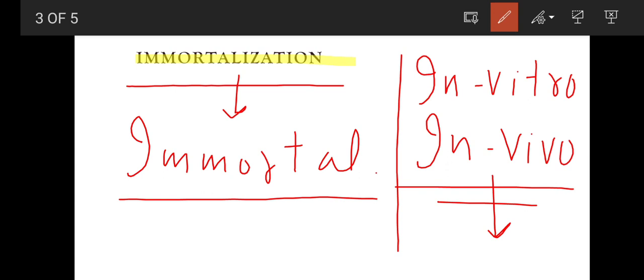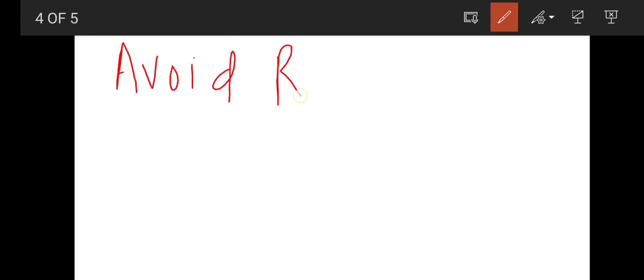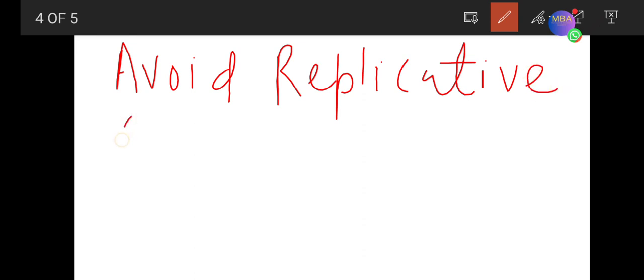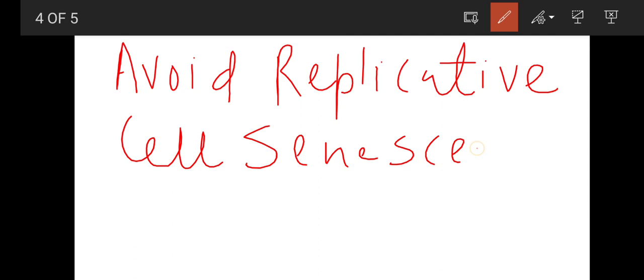However, cancer cells basically avoid replicative cell senescence.